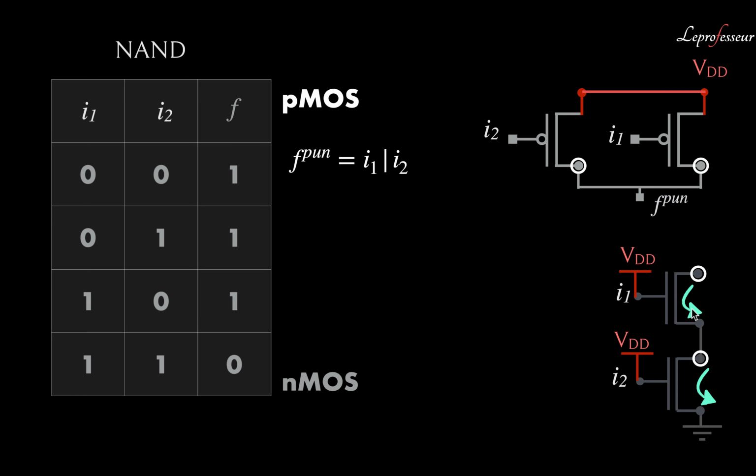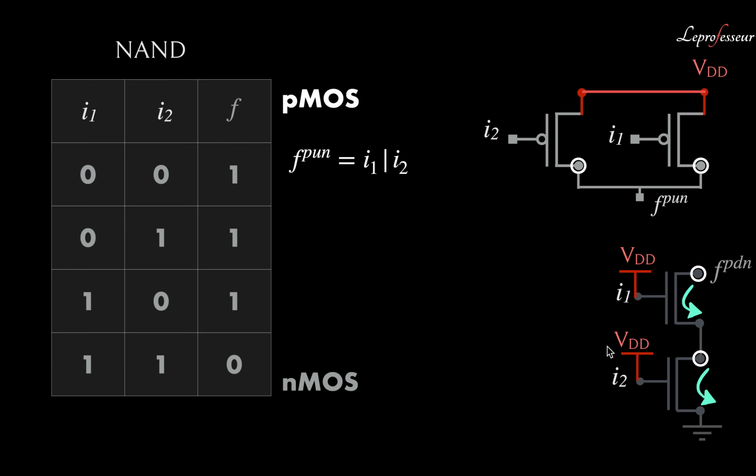The electrons will find the connecting path to the ground, and they will pull down the output level to 0, and we could call it output of the pull down network. The condition here is that both of the gates have to be connected to VDD.